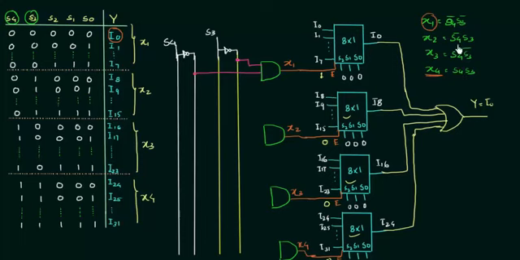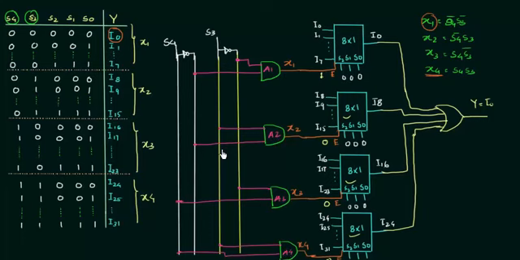For x2, S4 complement is there, and S3. For x3 we have S4 and S3 complement, and finally for x4 we have S4 and S3. This is AND gate 1, AND gate 2, AND gate 3, and AND gate 4.